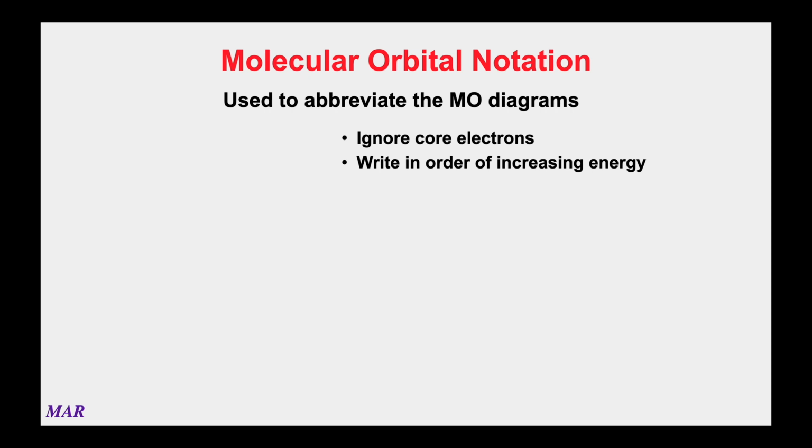In molecular orbital notation, a lot of times they'll have a core, or core electrons, and that shows the orbitals which basically aren't interacting. If you have just as many bonding as anti-bonding orbitals, then you could just write core for those. Also with molecular orbital notation, you always want to go in increasing energy. So lowest energy on the left and highest energy on the right. That would be like going from the bottom to the top on the other diagrams.